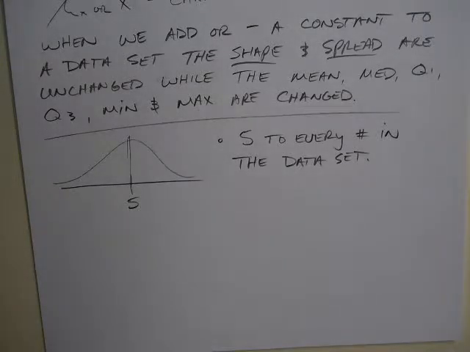How is multiplying by 5 going to change it? When you say change the shape, do you mean like from skew right to normal or something like that? It's going to change the spread.